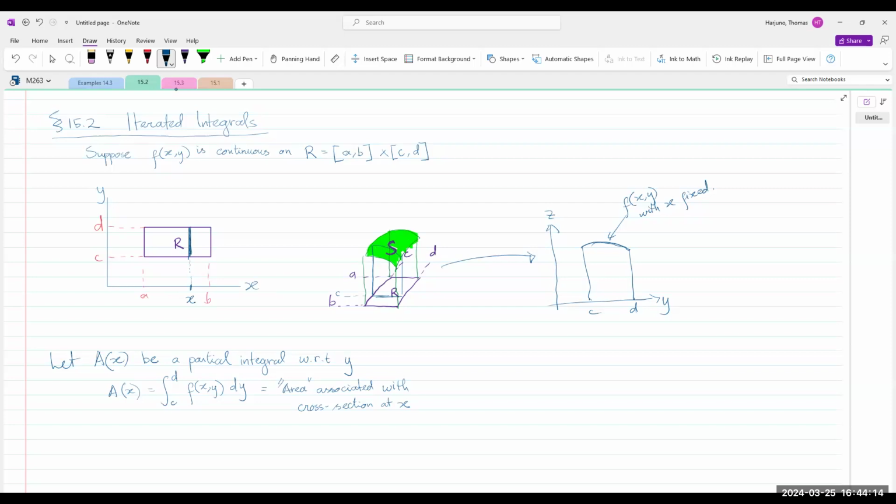Now this is the area that depends on x. Notice that because the area depends on the cross section at x, when we integrate this, x is considered constant.